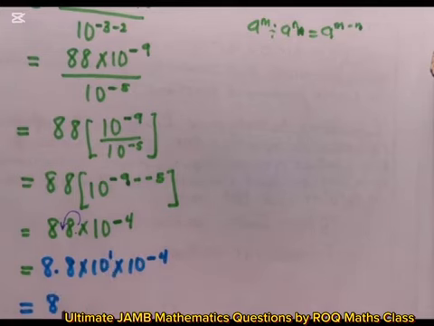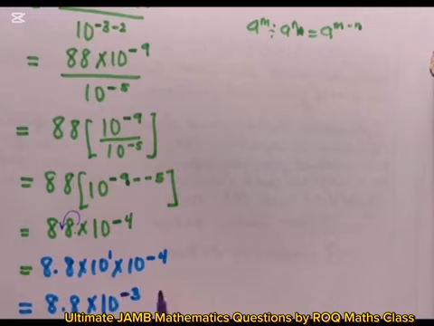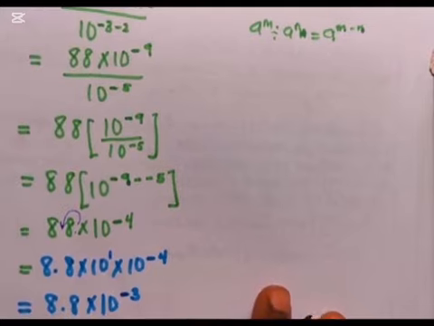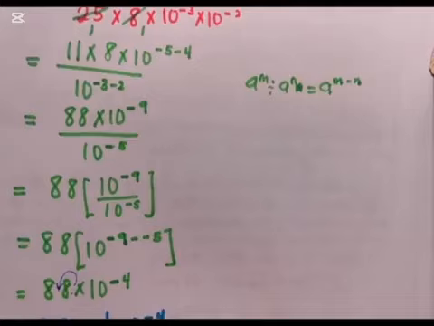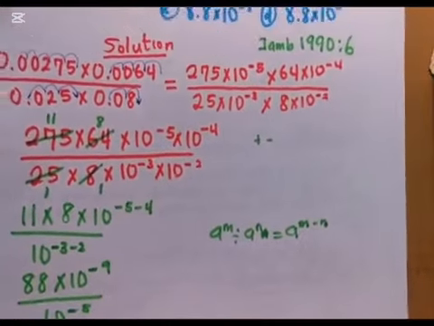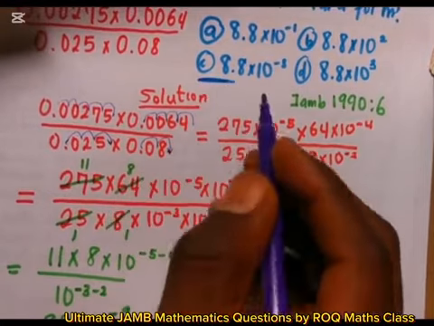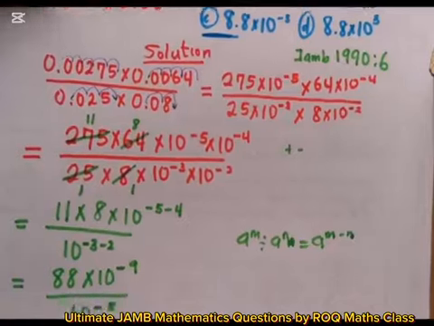So I have 8.8 times 10 to the power of negative 3. And this answer is the same thing as option C from the given options above. Option C. So as you can see the solving.